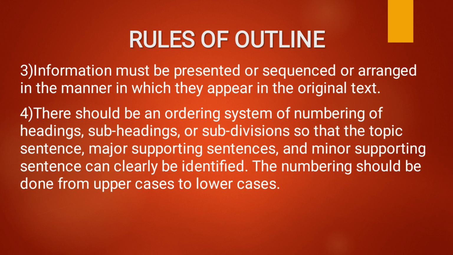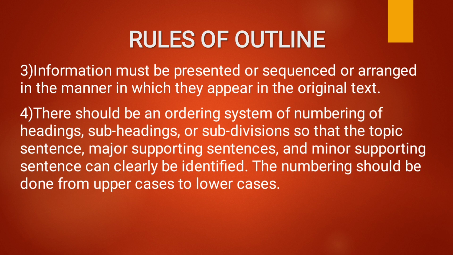Fourth topic sentence, you use 4. Right? That is counting numbers for all topic sentences. And then use capital alphabet for all major supporting sentences. So A for the first major supporting sentence, B for the second, C for the third. I hope it makes sense.